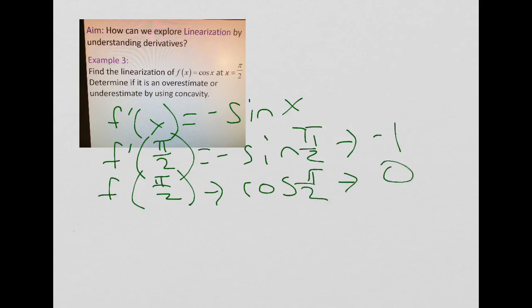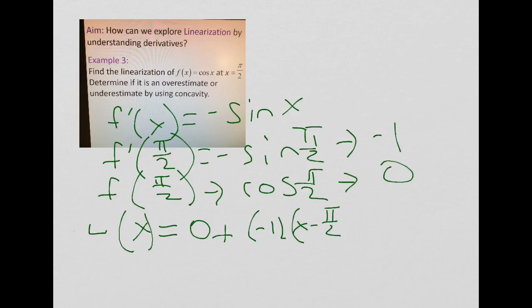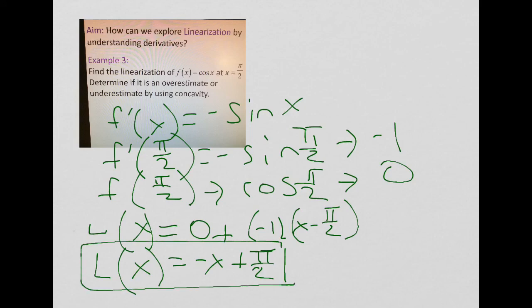Okay, so if we use this information to find our linearization, then we're just doing 0 plus negative 1 times the quantity of x minus pi over 2. So quite simply, L of x is approximately negative x plus pi over 2. Okay, if you can read that, that's pi, that's a 2. Let me box that off.